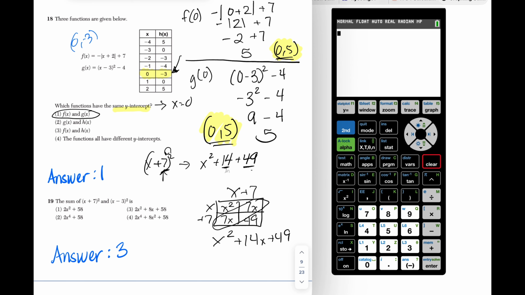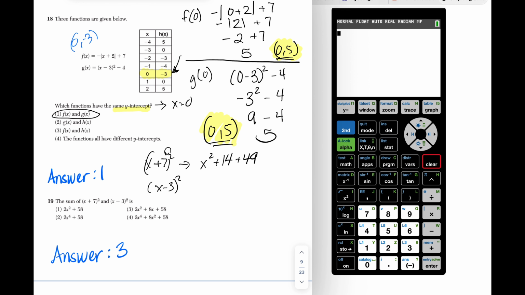So let's try to apply that with the second one, and then we'll verify it. Here you have x minus 3 squared. So we know we're going to get x squared, and you know you're going to get 9 because negative 3 times negative 3 is 9. What do you think that middle term is going to be? Well, if you tried that multiplying part, 2 times negative 3 is negative 6.